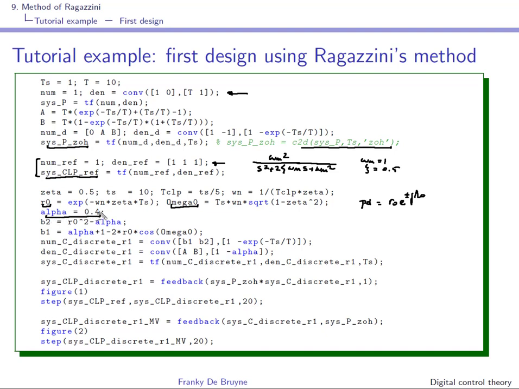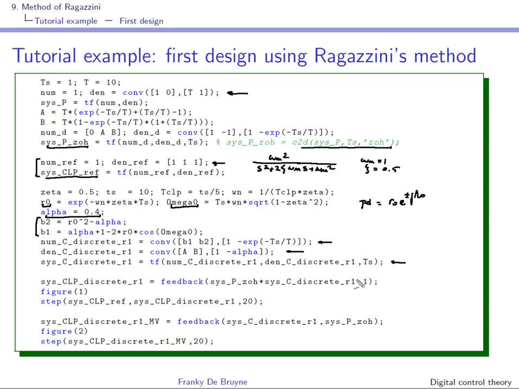You can change this value and see what happens. Remember that b1 and b2 are a function of this degree of freedom alpha, and then you can compute the numerator and the denominator of the Ragazzini controller like so. Once you have numerator and denominator, you can compute the transfer function.